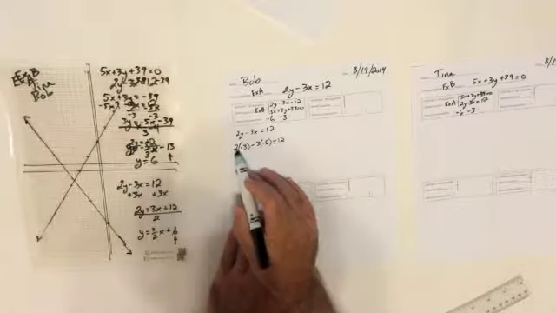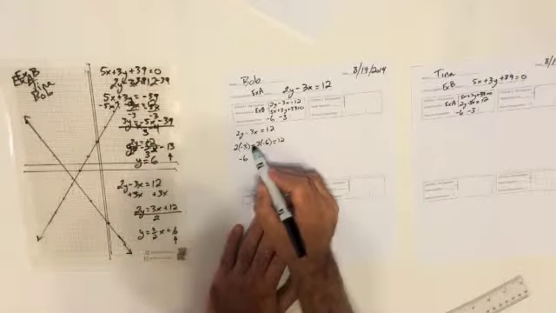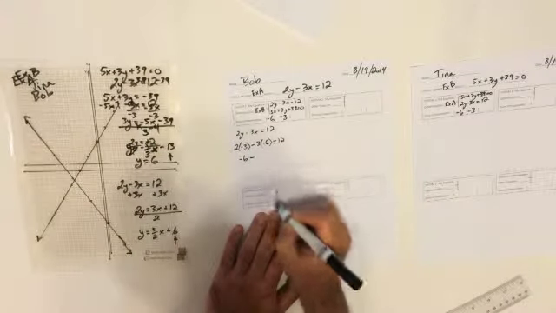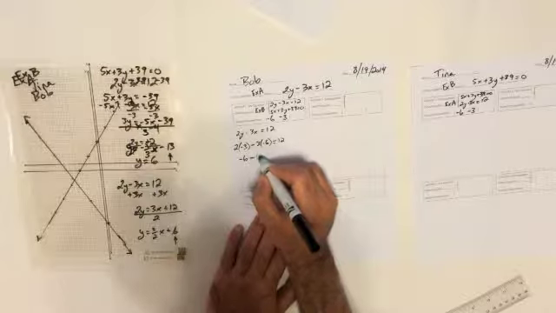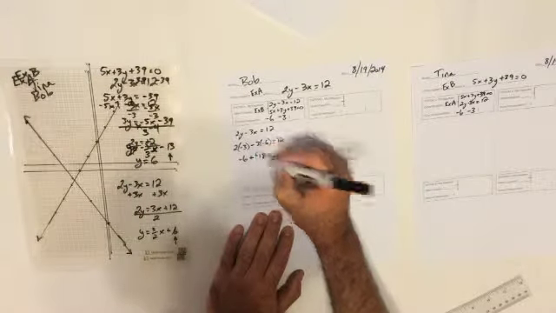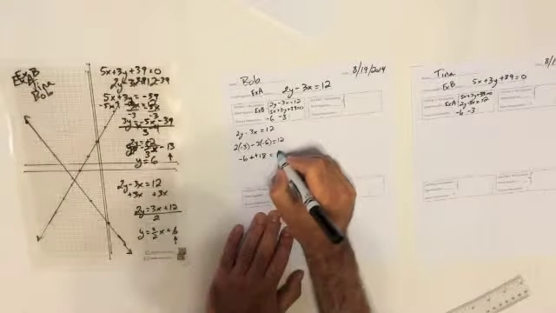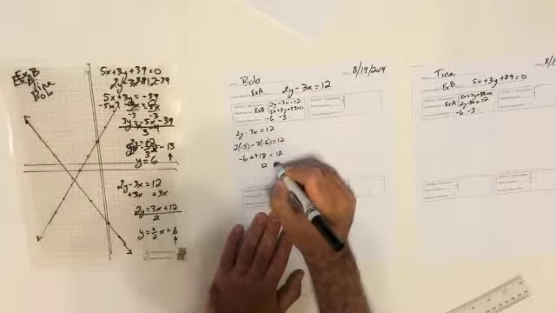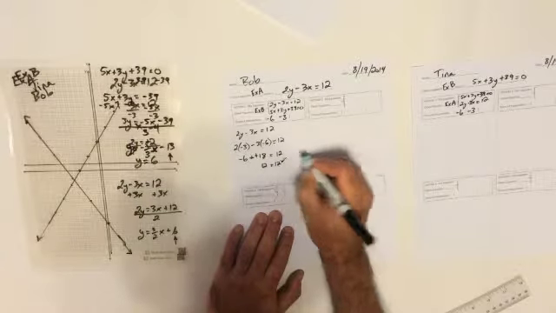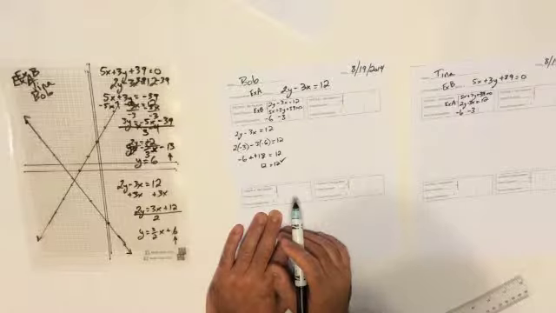Let's check and find out. This is -6. And this is minus -18, which actually becomes plus 18. So -6 plus 18, and that does in fact equal 12. So that means this point of intersection does satisfy my equation.